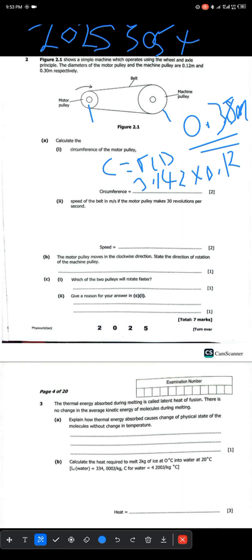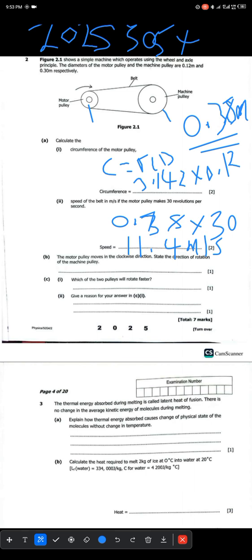Since we have found our circumference, we just multiply by the revolutions: 0.38 meters multiplied by 30. The answer we are getting is 1.14 meters per second. That will be our speed in this case.